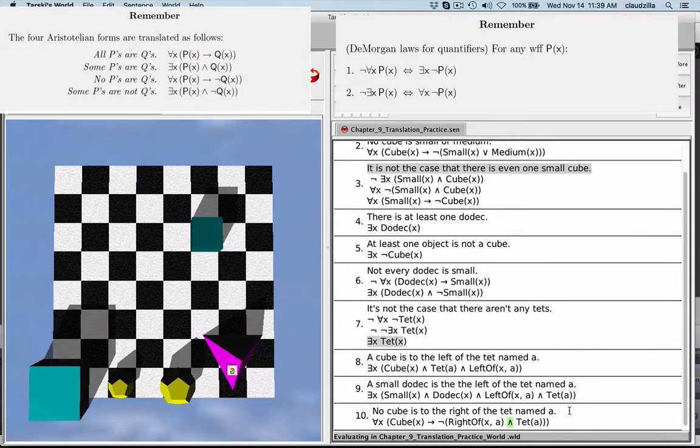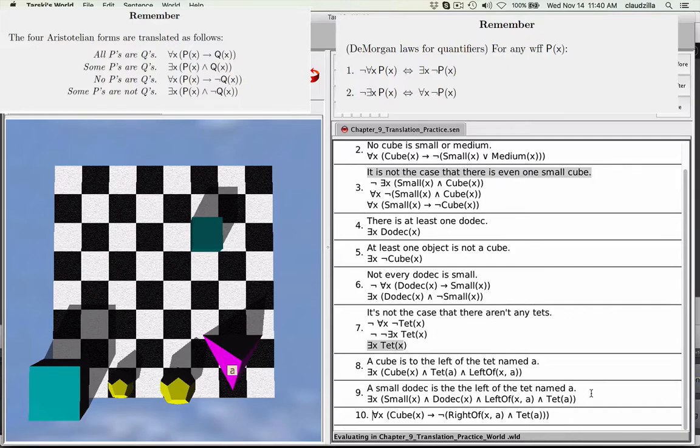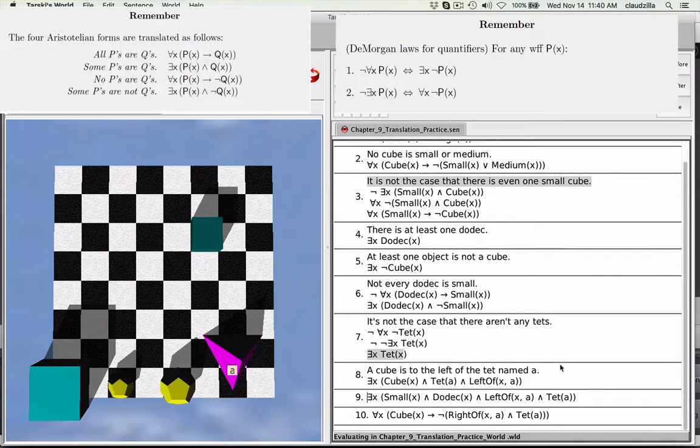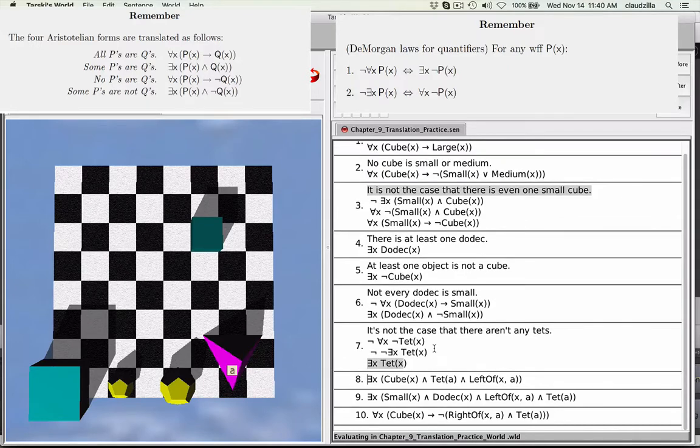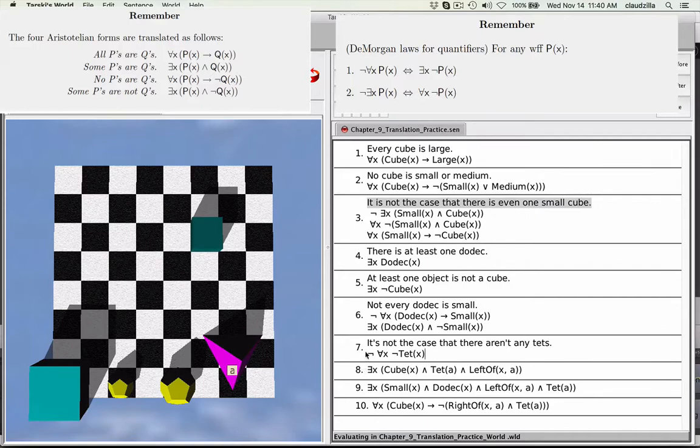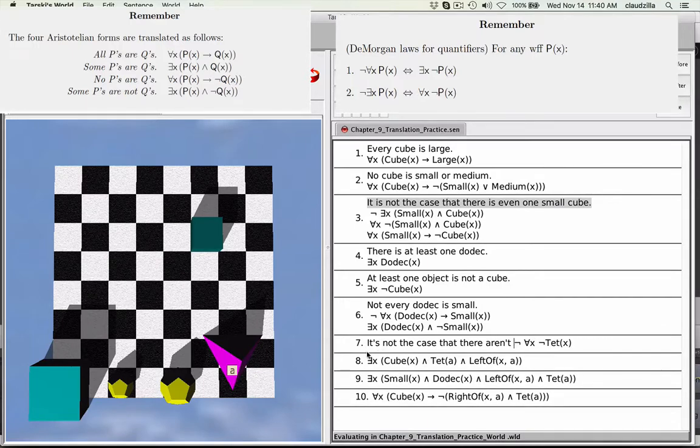Okay, so now let's do this. Let us remember what our ordinary language sentences are, and let's see if we have correct translations for each. Now, we should get a T for each one of our translations. Please note that that by itself does not guarantee that our translation is correct. Why is that? Because we could get a T for an accidentally correct translation.